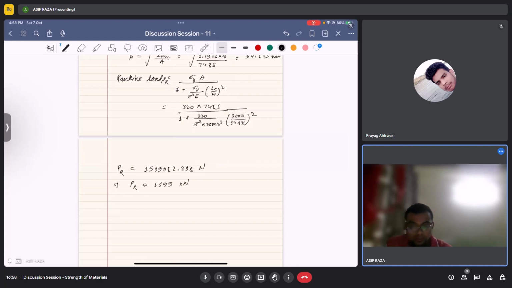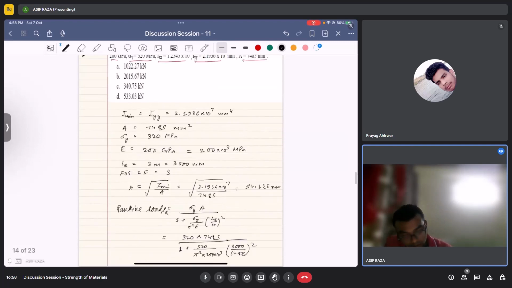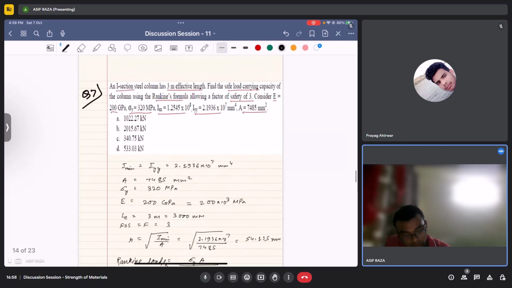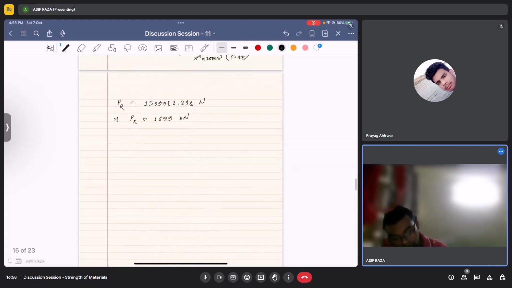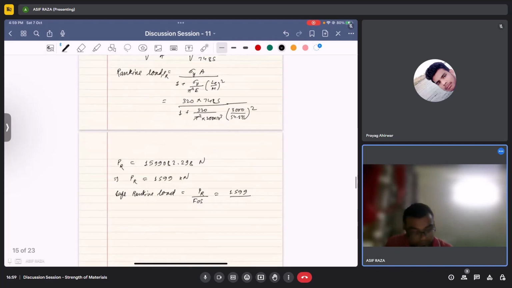So this is a Rankine load. We need to find safe Rankine load. It is PR upon factor of safety, that is divided by 3, right?